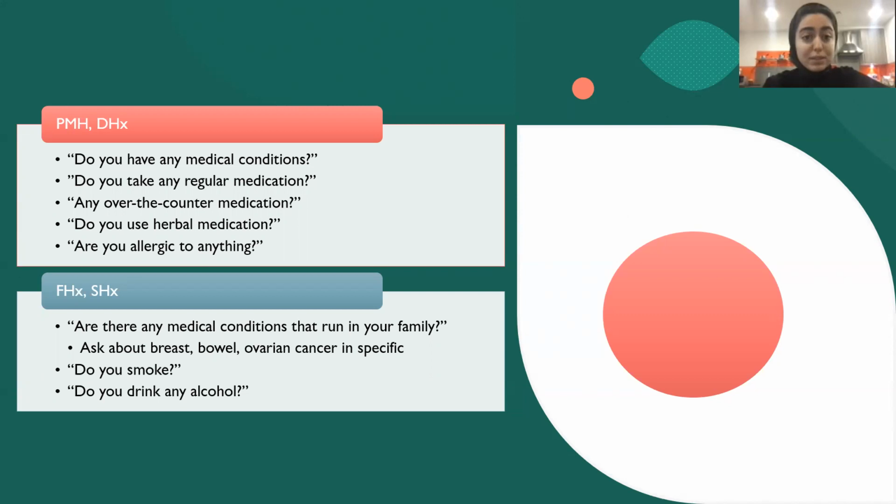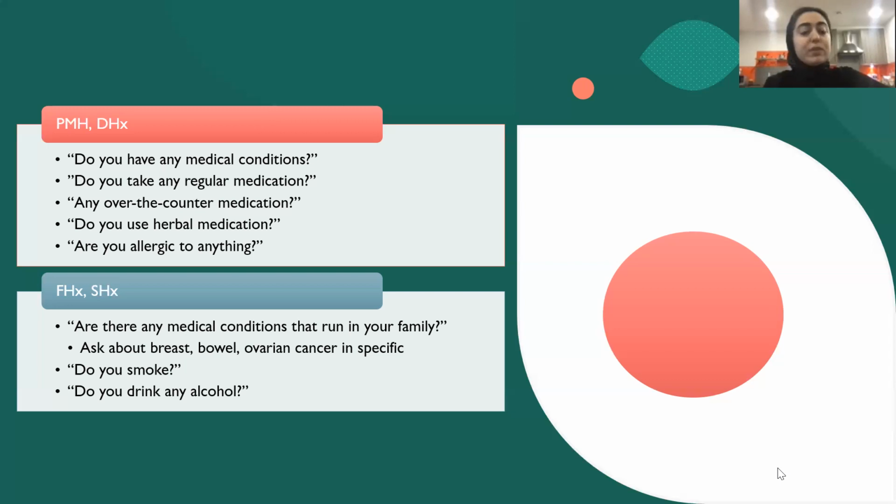But here specifically, because of the risk of breast cancer, I'm trying to find out if my patient is using any combined oral contraceptive pills or if they're using any combined hormone replacement therapy, depending on their age. You have the option of asking about herbal medication, and don't forget to ask if they're allergic to anything or what that reaction is if they're allergic to something.